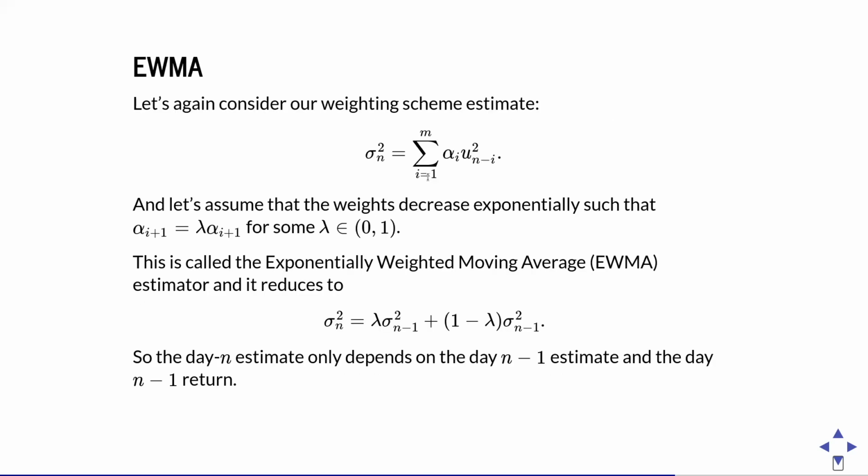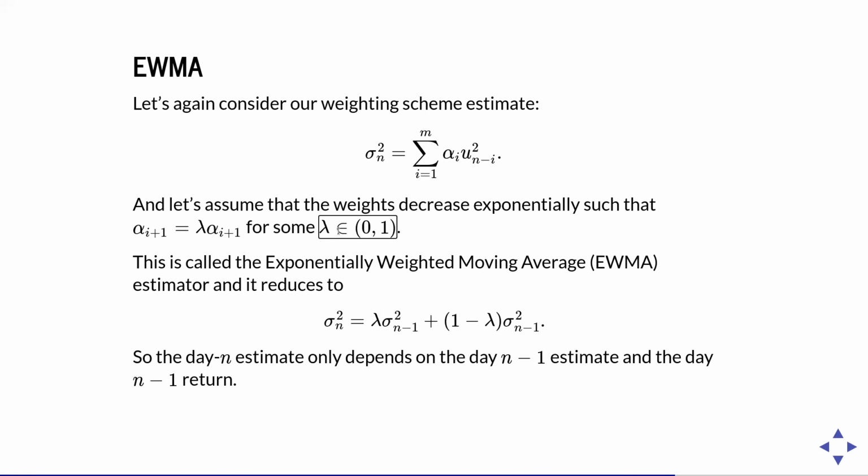So let's talk about exponentially weighted moving average. Again, we've got our estimator with some weighting scheme of alphas. And we're going to assume that the weights decrease exponentially, so that each subsequent one is just the previous one multiplied by some lambda between 0 and 1.